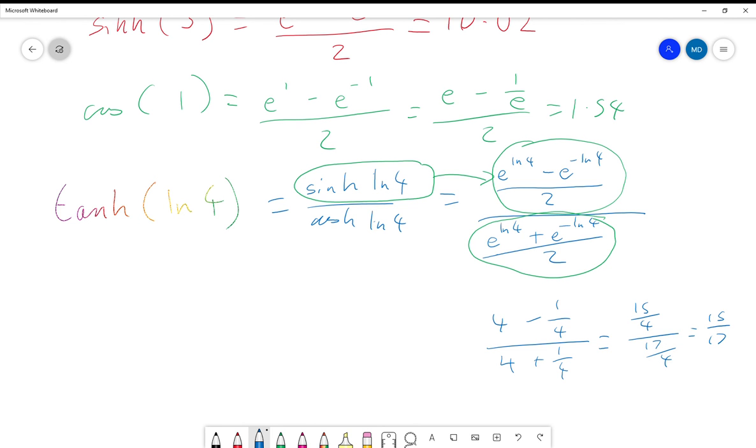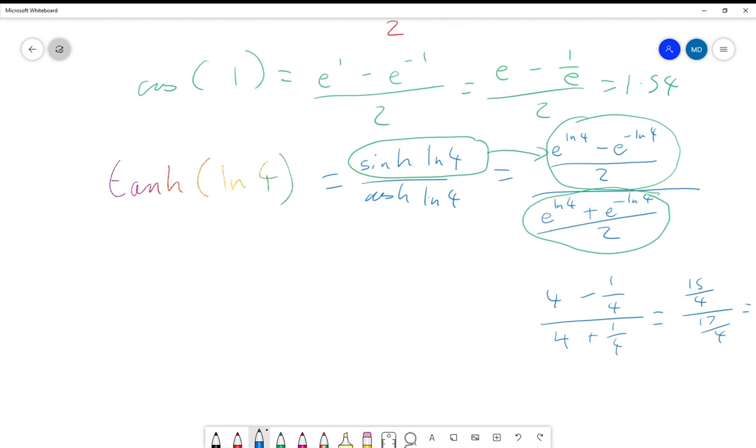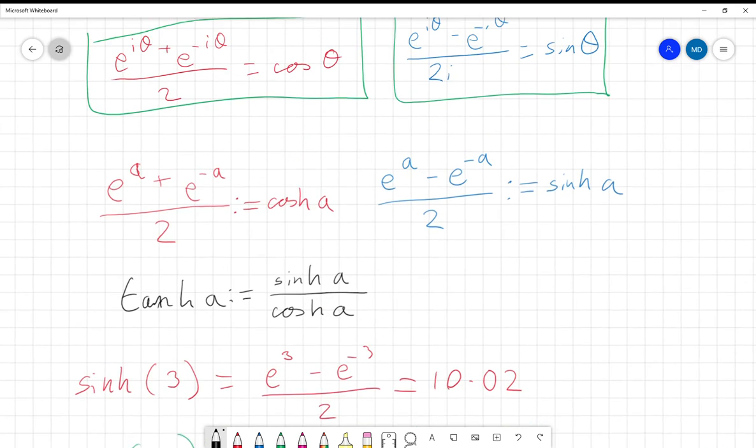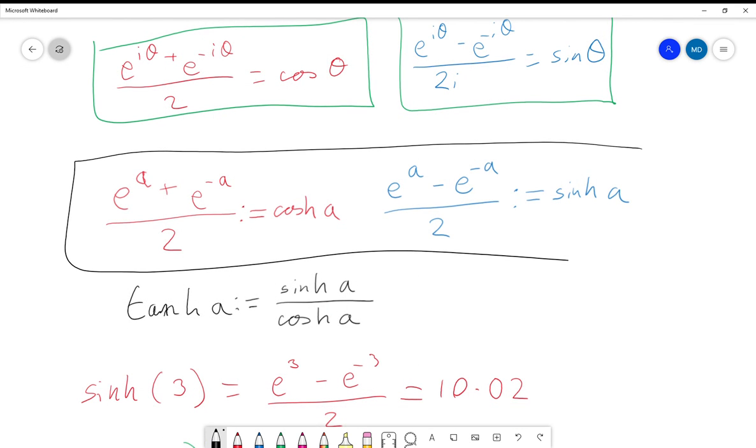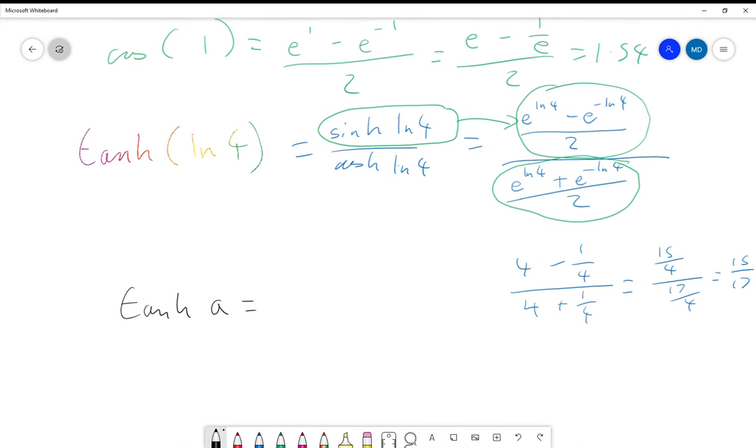Now, it's a little bit long-winded. As it turns out, there is a way we can simplify hyperbolic tangent. Hyperbolic tangent of a simplifies, using our definitions of hyperbolic cosine and hyperbolic sine, to e to the a minus e to the minus a all over e to the a plus e to the minus a.